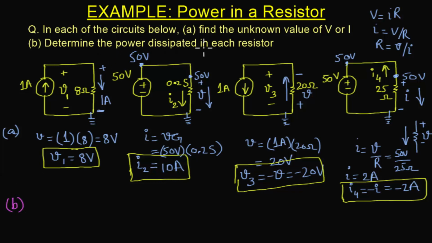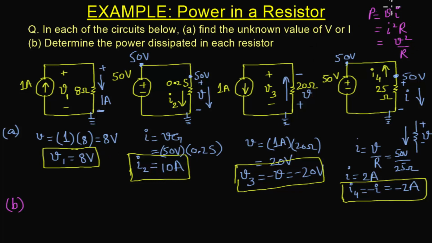So here we need to find the power dissipated in each resistor. So for a moment, let's forget about Ohm's law and let's look at the three formulas for power. So we know that power equals VI, and it is also equal to I squared R, and it is also equal to V squared over R. Remember the three different forms of the power equation for a resistor.